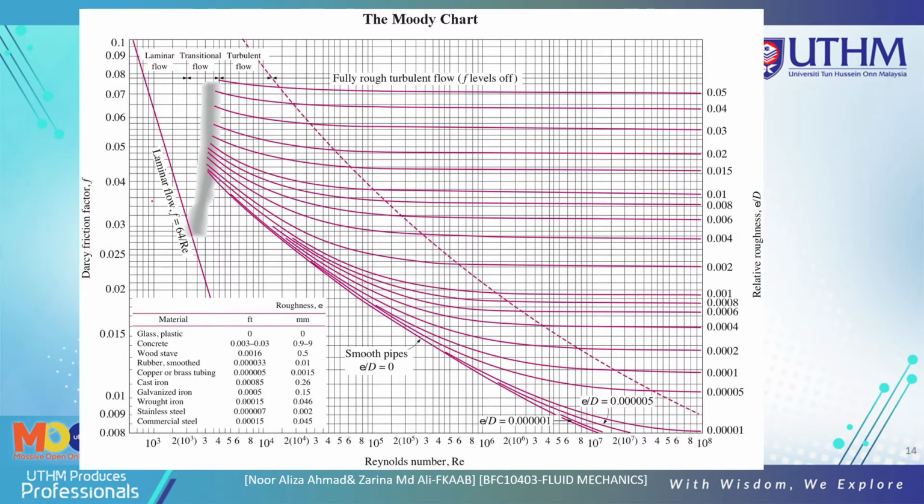Based on the fully rough turbulent flow, f levels off here. In turbulent flow you can assume 0.02 and above, or something like that.